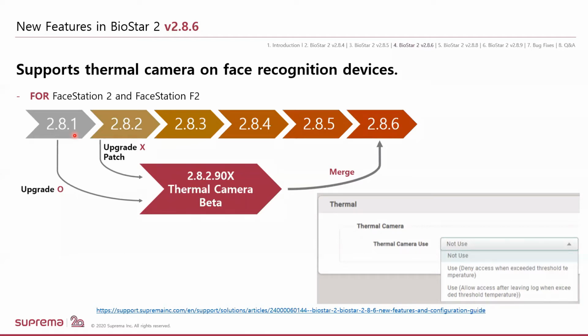Features of this beta version were not supported in the last BioStar 2.8.3, 2.8.4, and 2.8.5 regular versions, and are supported as regular features from 2.8.6. Customers who have previously used the beta BioStar 2 version 2.8.2.90x can use BioStar 2 with more various functions by upgrading to 2.8.6 or higher.